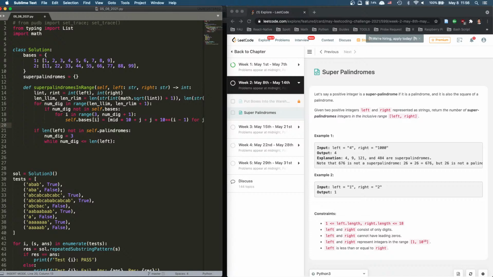So actually, I think we need to count based on basis, not count based on super palindrome, because the idea is for the number of digits, and the number of digits we're using are the bases. But if we count based on super palindromes, we don't know, right?